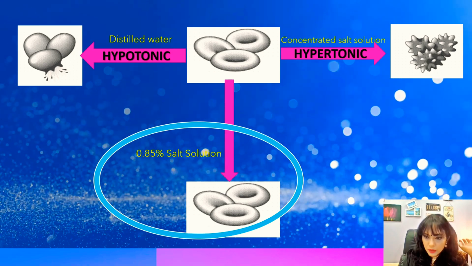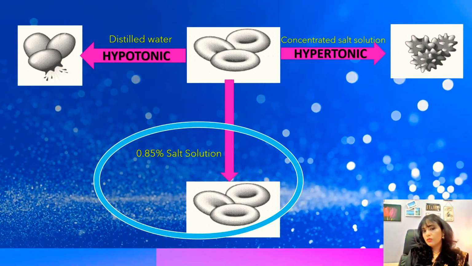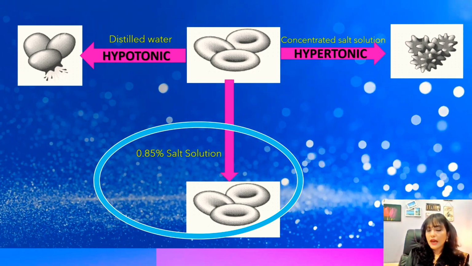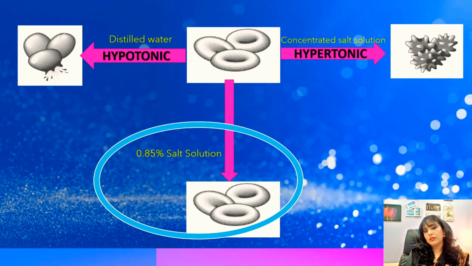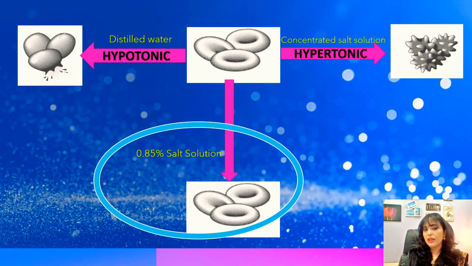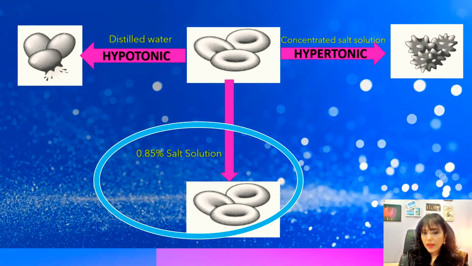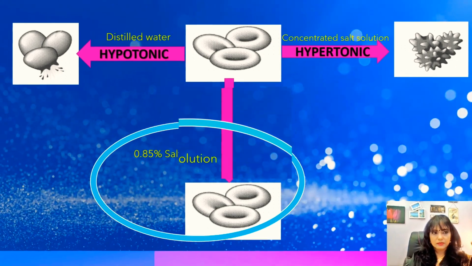Our lesson today is going to focus only on the isotonic solution. The isotonic solution to the red blood cell is actually 0.85% salt solution. This is where our lesson is going to be focused.